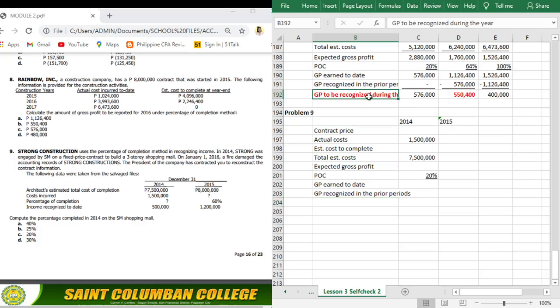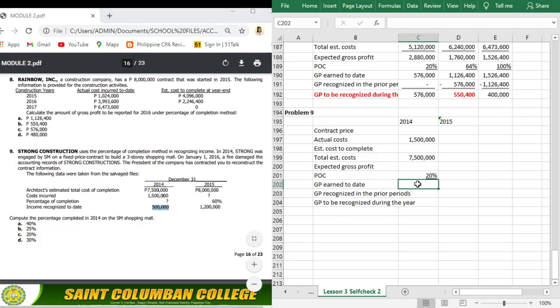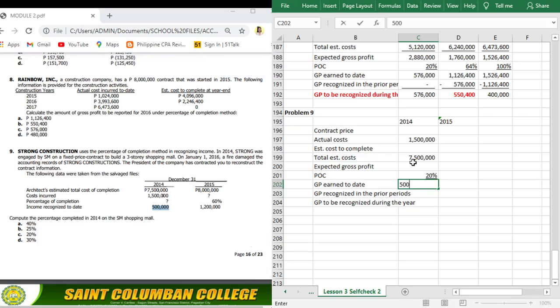And then, the gross profit to be recognized during the year. Okay. So, since naa may income recognized to date, so unsa man ang to date, diri, no? 500,000.